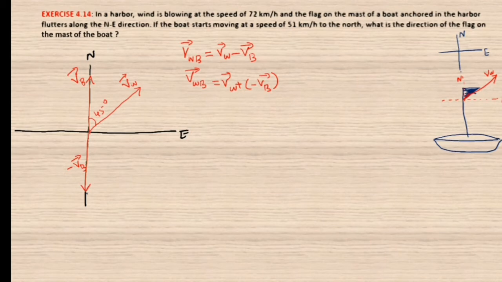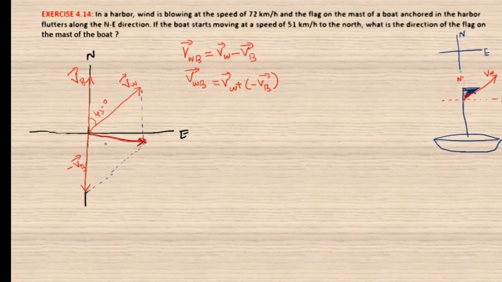As you already know, in order to find the resultant of VW and minus VB, we have to construct a parallelogram. So first of all, we construct the parallelogram. This side and this side must be equal in magnitude. In the same way, the other side should also be parallel. How to draw the resultant vector? By drawing the diagonal.